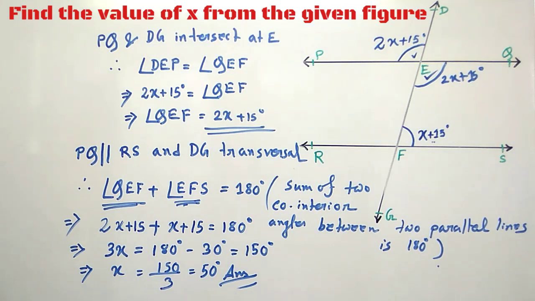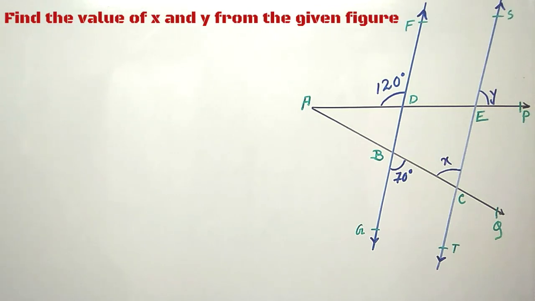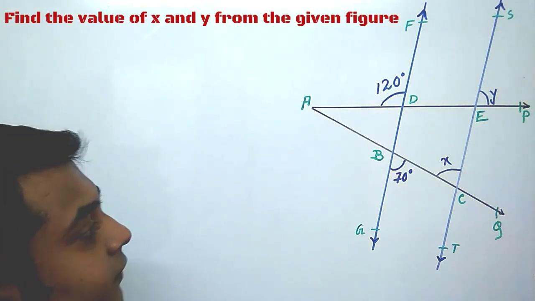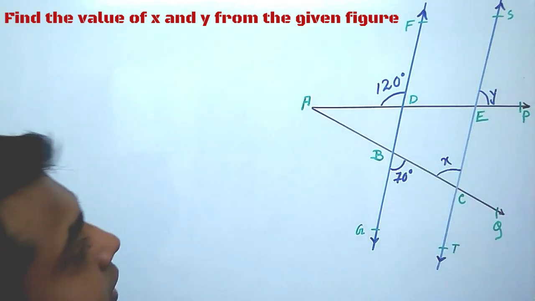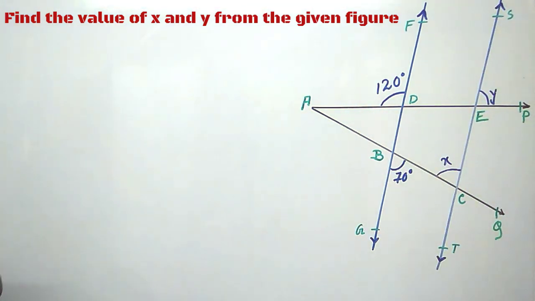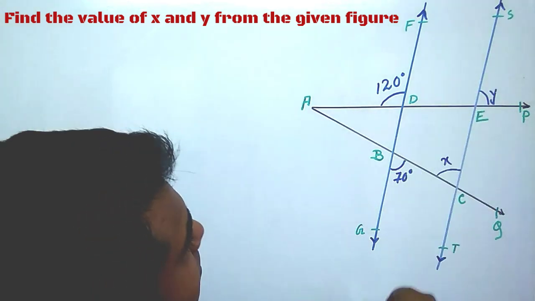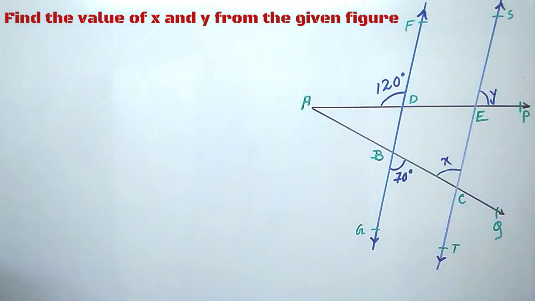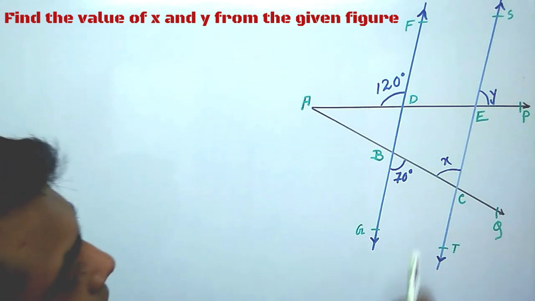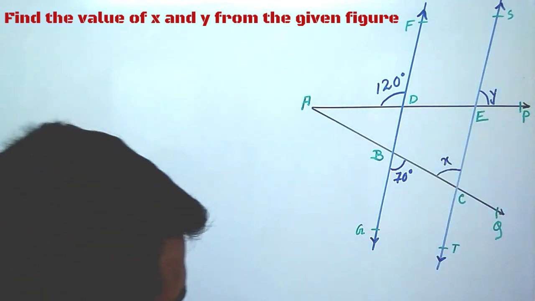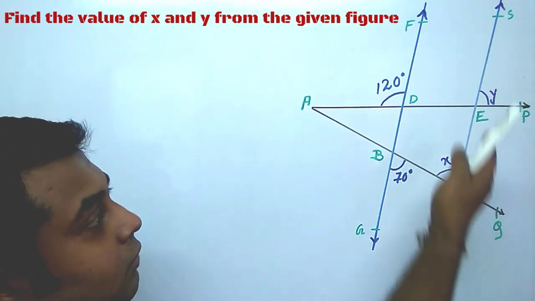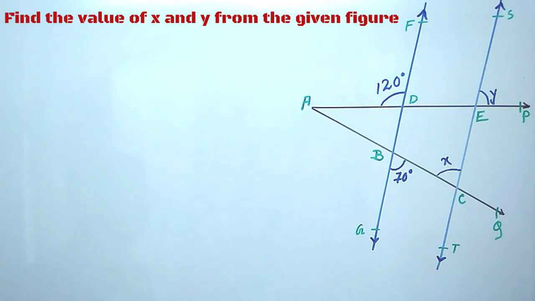Okay. So we will do now the next math. This is your 13 number question. As per the question, find the value of x and y. In the given figure you can see these two lines are parallel. So how to find out the value of x and y? Here first I will show you how to find out the value of y.